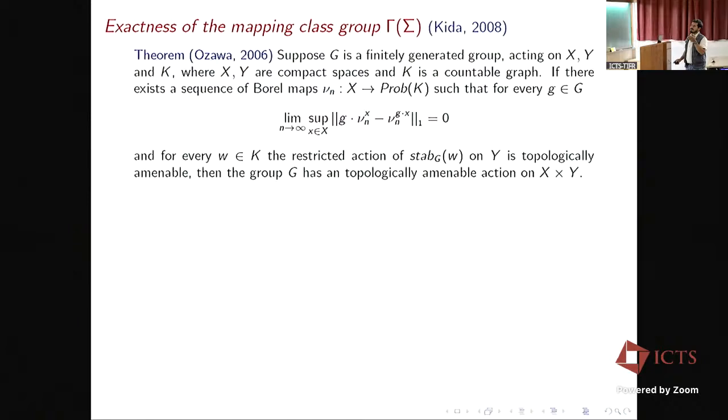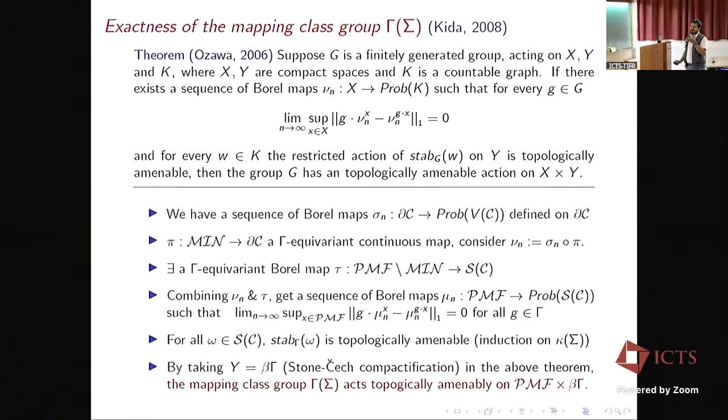And here we have an equivariant map. What we are doing is we are just composing them in a certain way. We are adding them because on this set we have a map, and on this set we have a map. If we take the sum of these two maps on the union set, then we have asymptotic equivariance, because on one set we have asymptotic equivariance, on the other set we have equivariance.